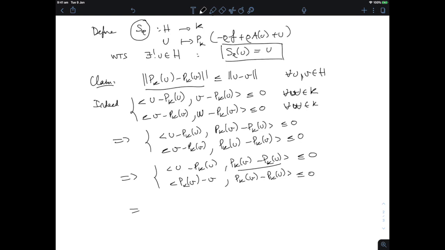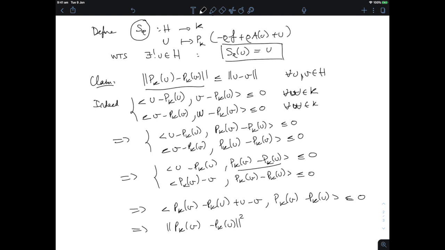Now I can add the two things, and adding them gives ⟨P_K v − P_K u + u − v, P_K v − P_K u⟩ has to be smaller or equal than 0, and this is saying that the norm squared of P_K v minus P_K u has to be smaller than ⟨v − u, P_K v − P_K u⟩.